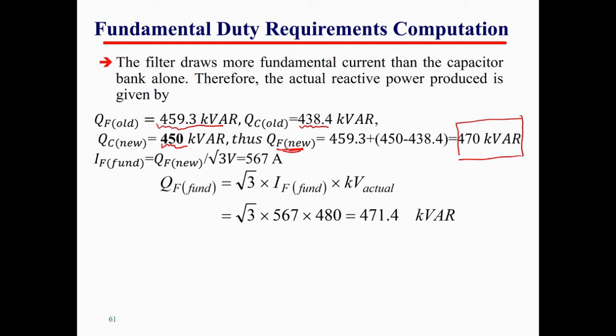Okay, and we can calculate the current that passes through the filter from the Q and from the voltage. So that will give us this value of current, again for this size of the filter.